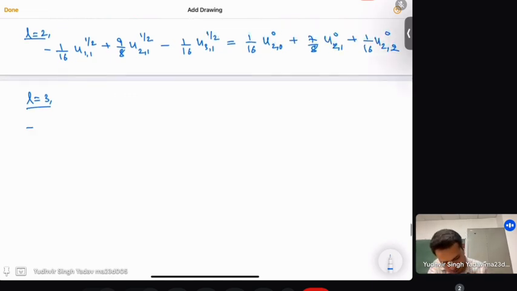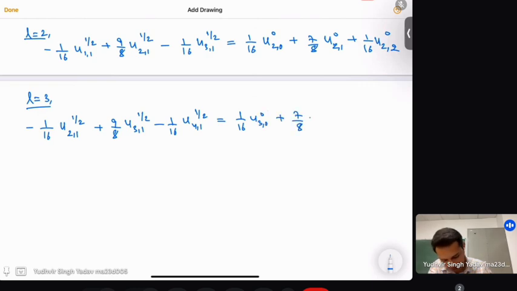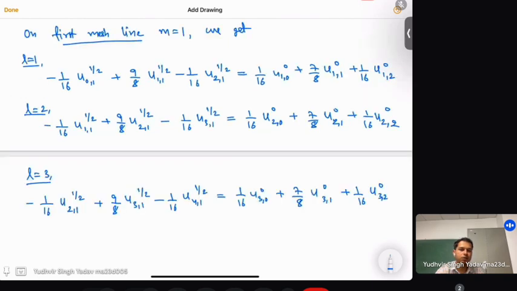For this, we will have the equation minus 1 by 16 u_2,1 half plus 9 by 8 u_3,1 half minus 1 by 16 u_4,1 half, and on the RHS we will have 1 by 16 u_3,0 0 plus 7 by 8 u_3,1 0 plus 1 by 16 u_3,2 0.